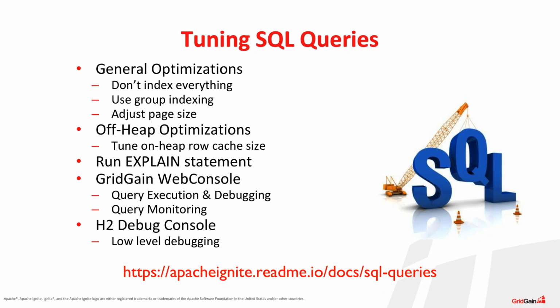And at the bottom, there is the link to our documentation page, which you can check out to get all this information I just mentioned, with some more details about how to run the H2 console, for example, some examples of how to run explain statements, and so on and so forth.